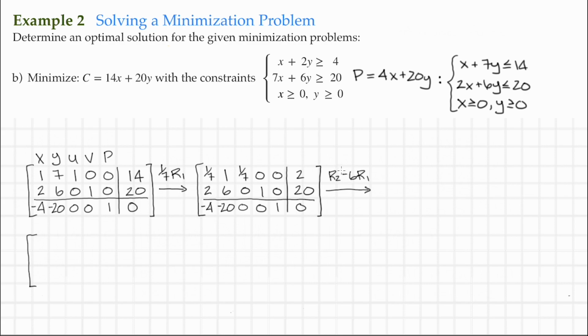And 2 minus 6/7, that's 8/7. 1 times 6 is 6, and 6 minus 6, of course, is 0. 1/7 times 6 is 6/7, and 0 minus 6/7, that's negative 6/7. 0, 0, bring over the 1. 0, 0, and 0. Bring down our vertical bar. 2 times 6 is 12, and 20 minus 12 is 8. Close off the bracket and fill in the rest.